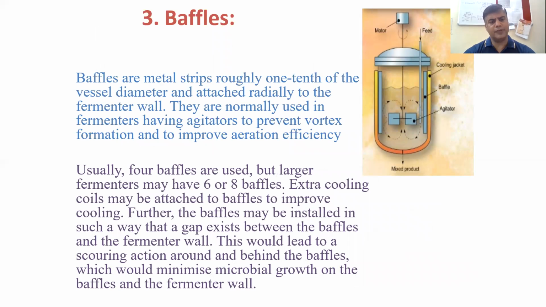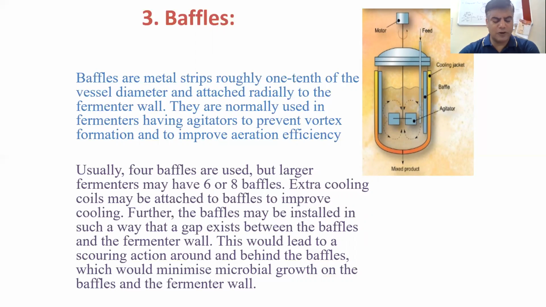Baffles. Baffles are metal strips roughly 1/10 of the vessel's diameter and attached to the fermenter wall. They are normally used in fermenters having agitators to prevent vortex formation and to improve aeration efficiency. If you see this, you can find the baffles here. Here are the agitators, and here are the baffles, which are mounted on the wall of the fermenter.